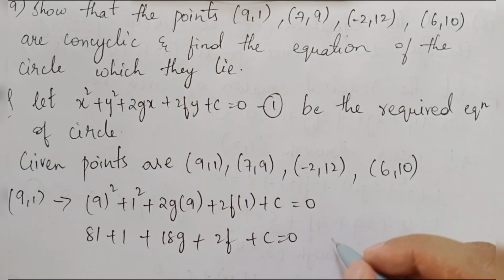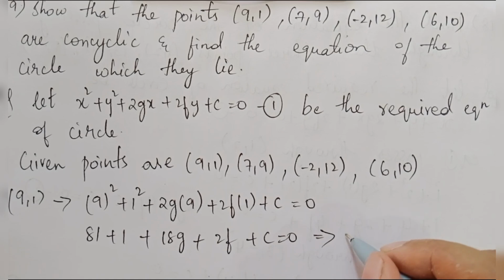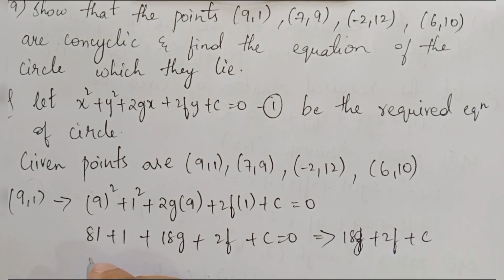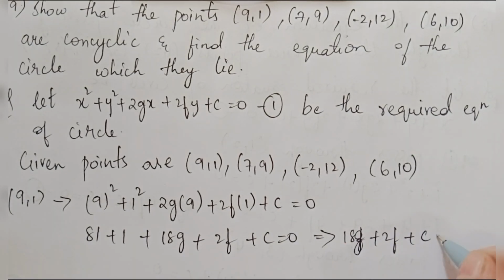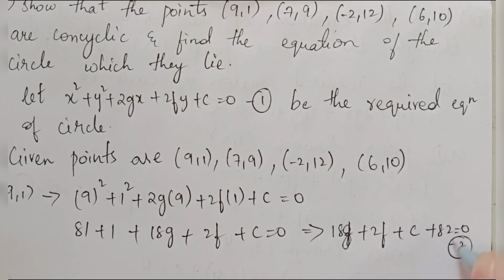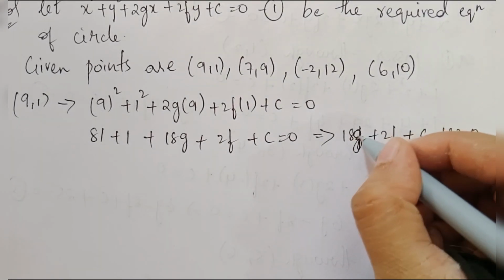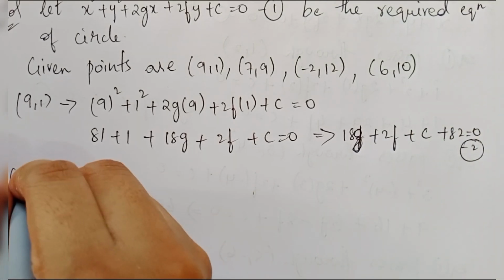So from here we'll get 18g plus 2f plus c plus 82 (81 plus 1 is 82) equals 0. Take it as equation 2. Now substitute the second point, which is (7, 9).